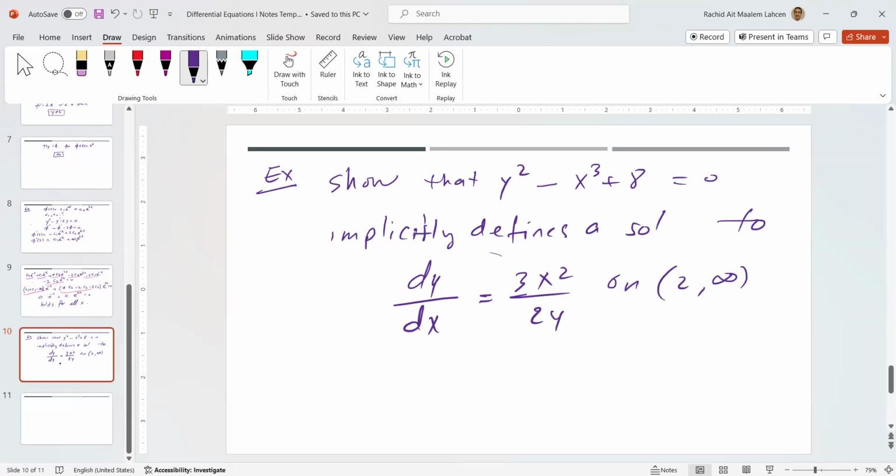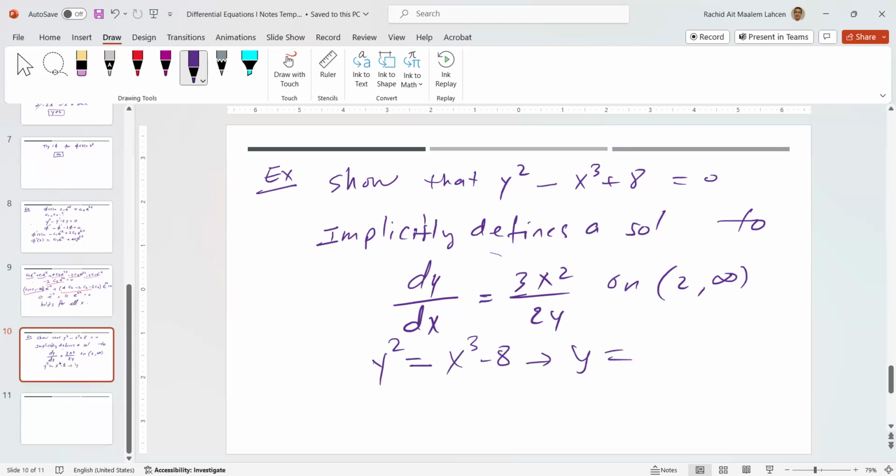So one way to do this, there are different ways, but since it's implicit, let's take y squared and solve it for the others here. So it's going to be x cubed minus 8.